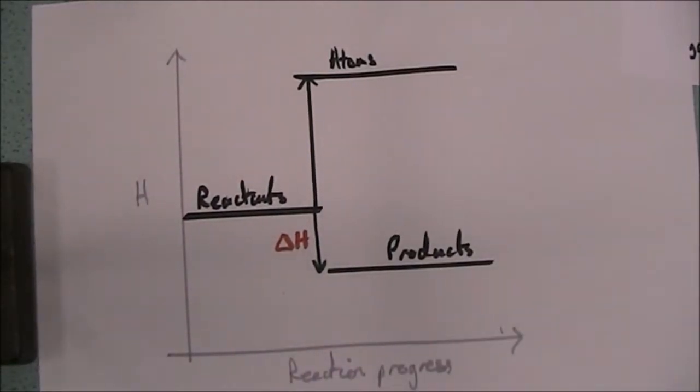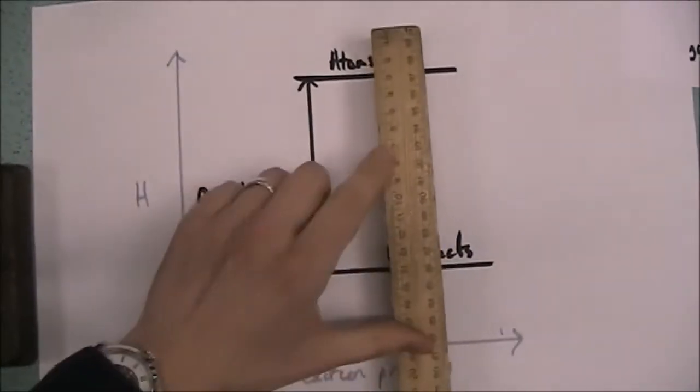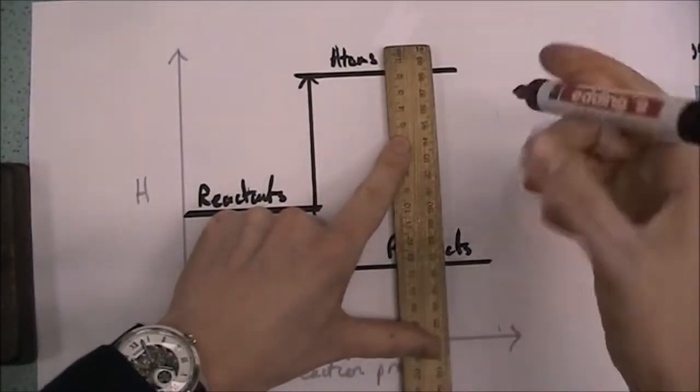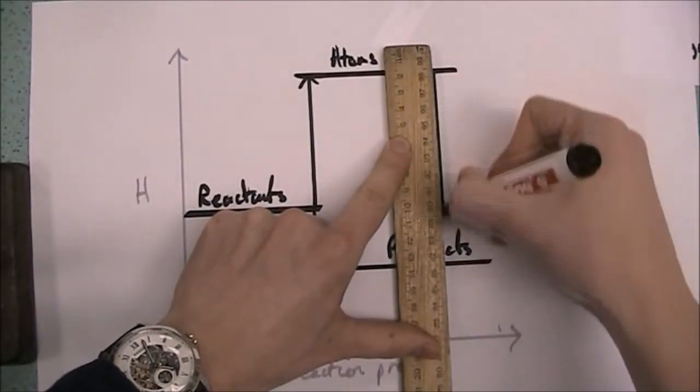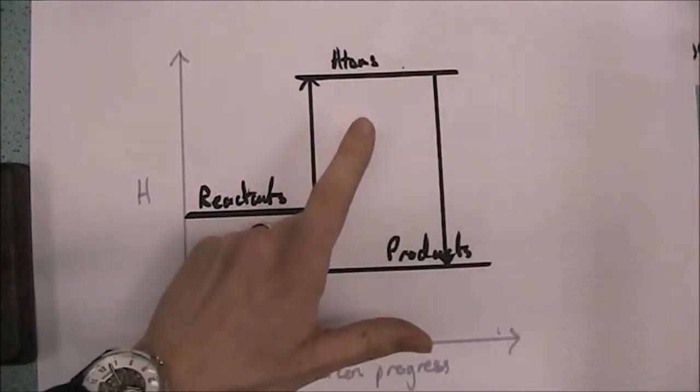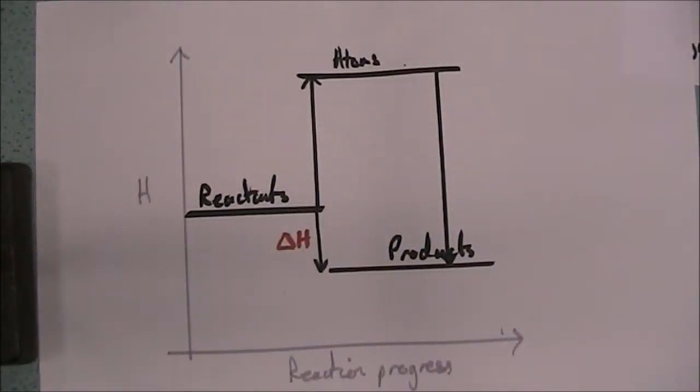And then when the bonds reformed, we'd end up releasing a lot of energy to come back down to the original level.